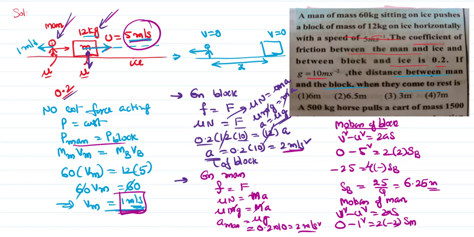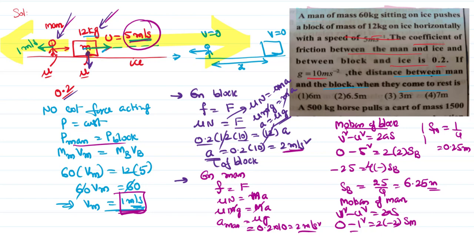The distance moved by the man is 1 by 4, that is 0.25 meters.